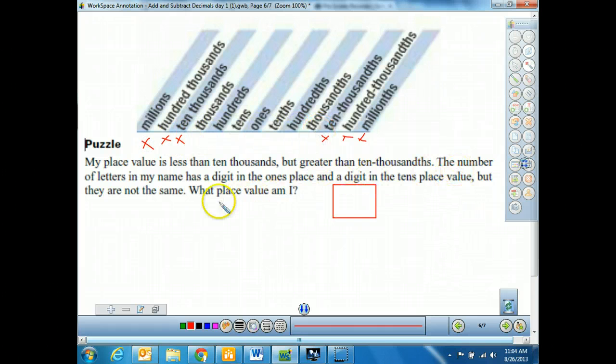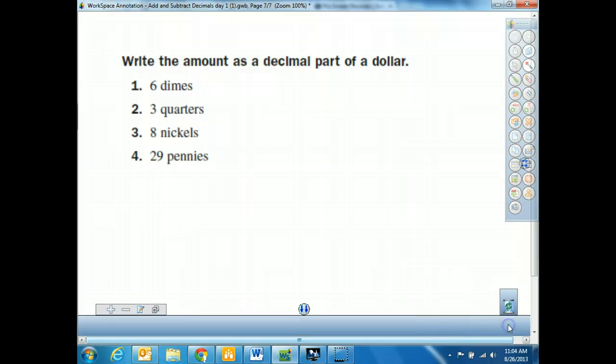It says the number of letters in my name has a digit in the ones place and a digit in the tens place value, but they are not the same. Which one of these am I? So you have to figure out how many digits are in the name, add up the letters, find that digit, and then figure it out. I'm going to let you do this on your own, so you're going to have to pause it and come back to this one.